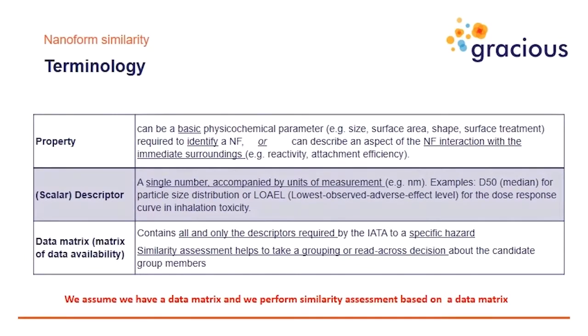A scalar descriptor is a single number accompanied by units of measurement, for example nanometers. Examples are the median of the particle size distribution or the lowest observed adverse effect level from the dose response curve in inhalation toxicity. A data matrix is a matrix containing all and only the descriptors required by the IATA for a specific hazard.